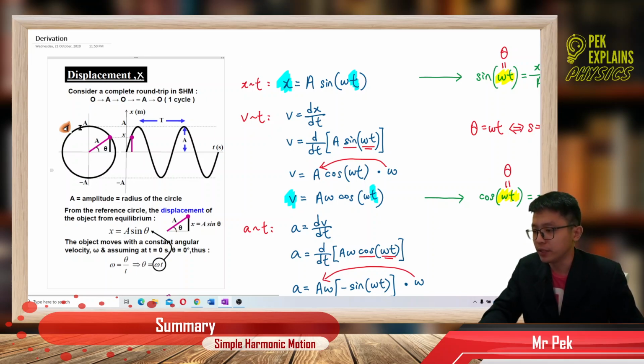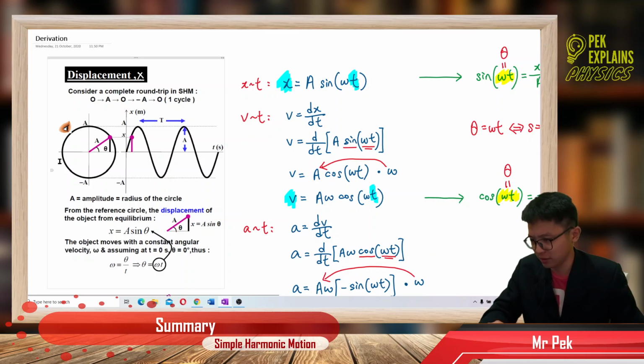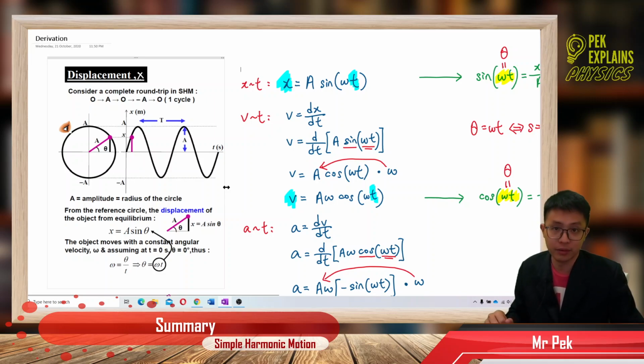This circle has radius A. Actually, the radius is the amplitude, because when this object goes up, this radius becomes the amplitude, isn't it? So as this object goes round and round, we can also say the y component is oscillating up and down, up and down.